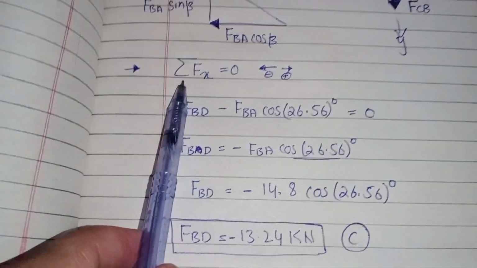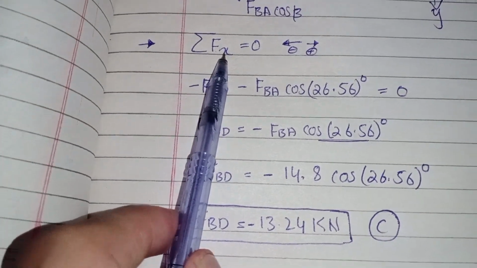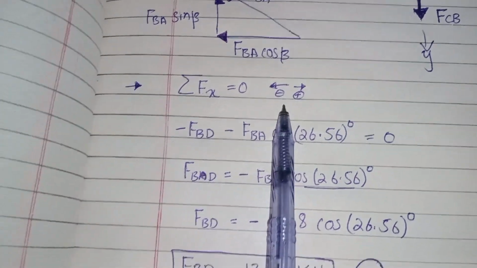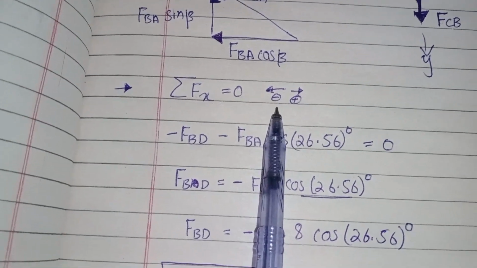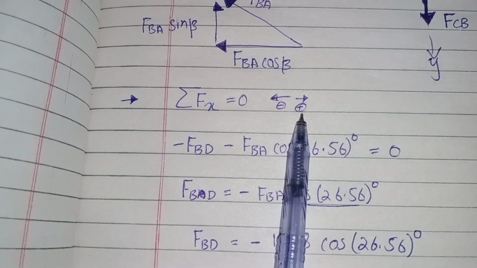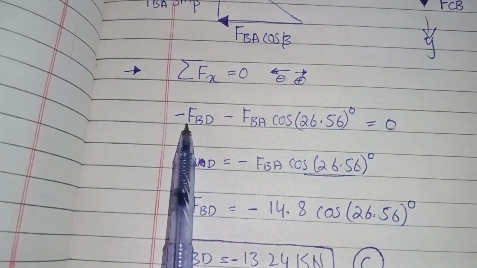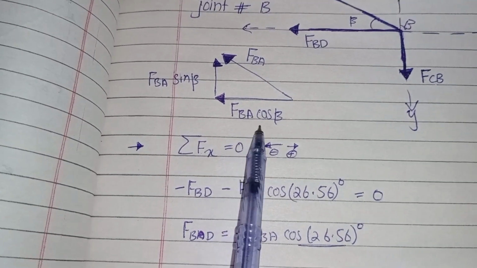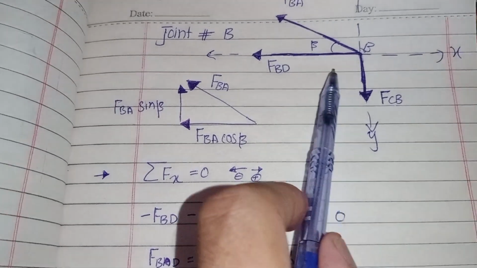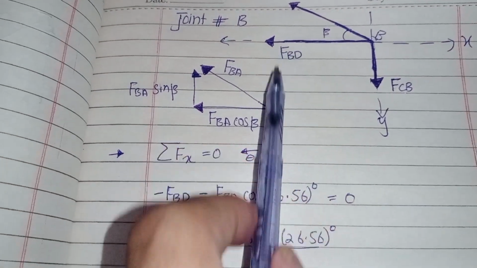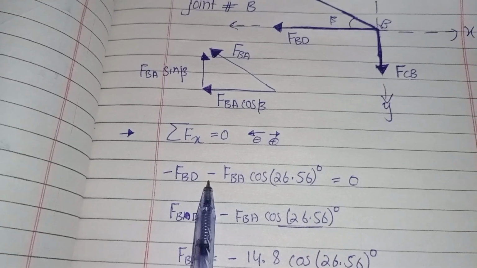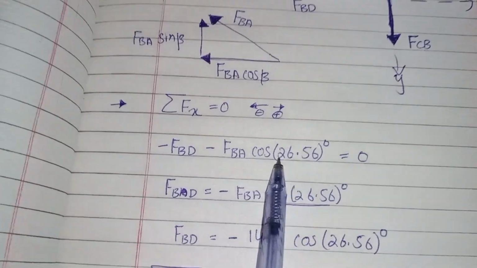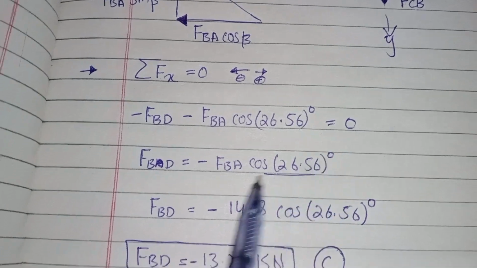So now summation of all horizontal forces equal to 0. The force directed toward left will be taken as negative, the force directed toward right will be taken as positive. So negative FBD minus FBA cos 26.56 equal to 0.